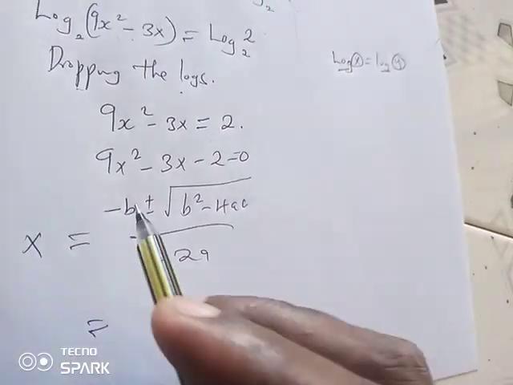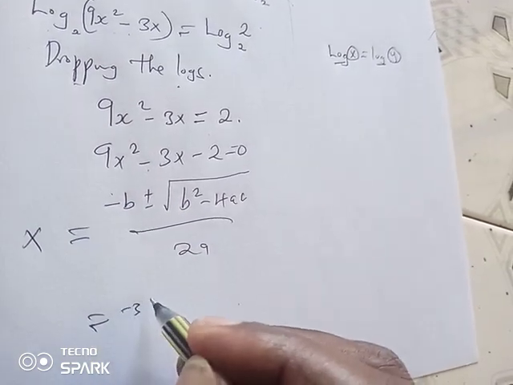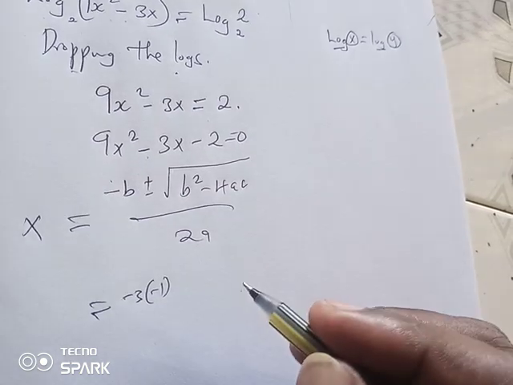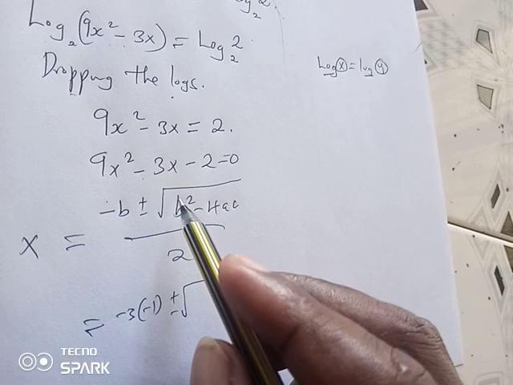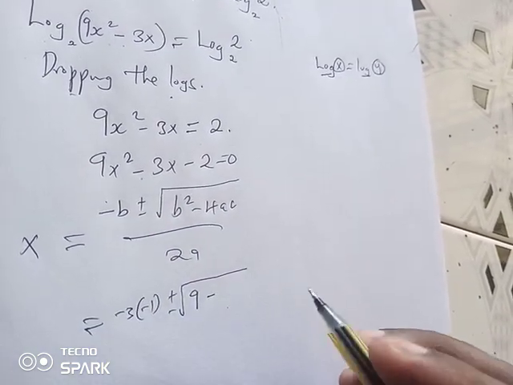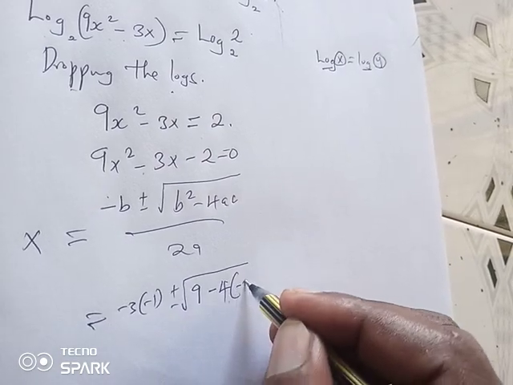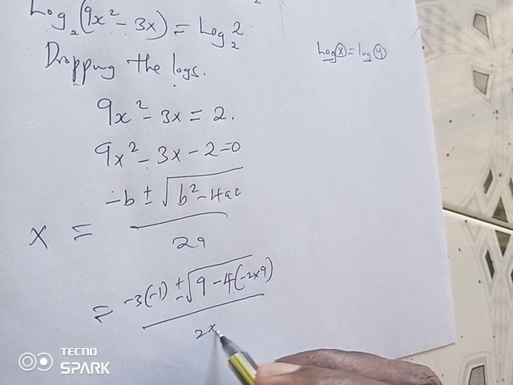So my b here is minus 3, so minus of minus 3, plus or minus the square root of minus 3 squared, which is 9, minus 4 into minus 2 times 9, all over 2 times 9.